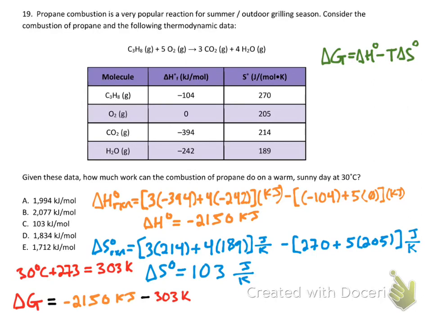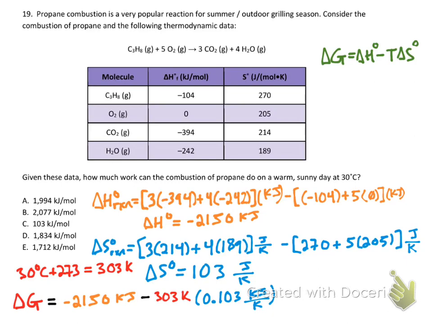Times our delta S. Again, we want to report our delta S in like units. We could either turn our enthalpy into joules, or we can turn our entropy into kilojoules. Since our answers are in kilojoules, probably just easiest to turn our joules into kilojoules. And there we have that, and let's see what we end up getting here.